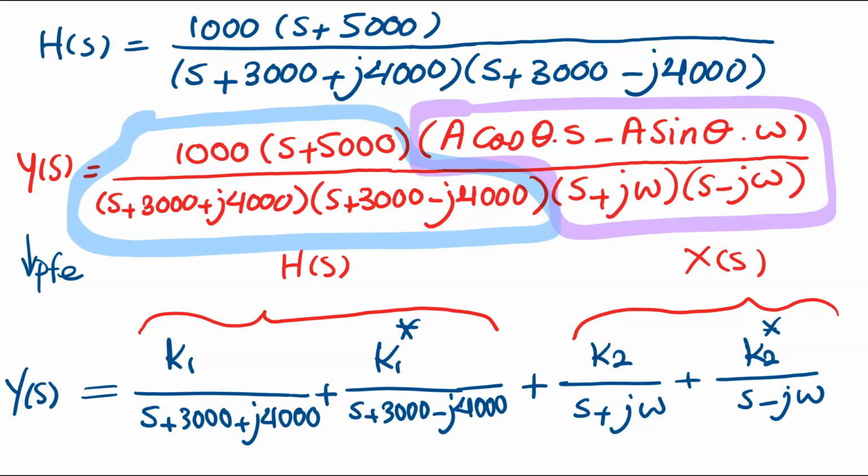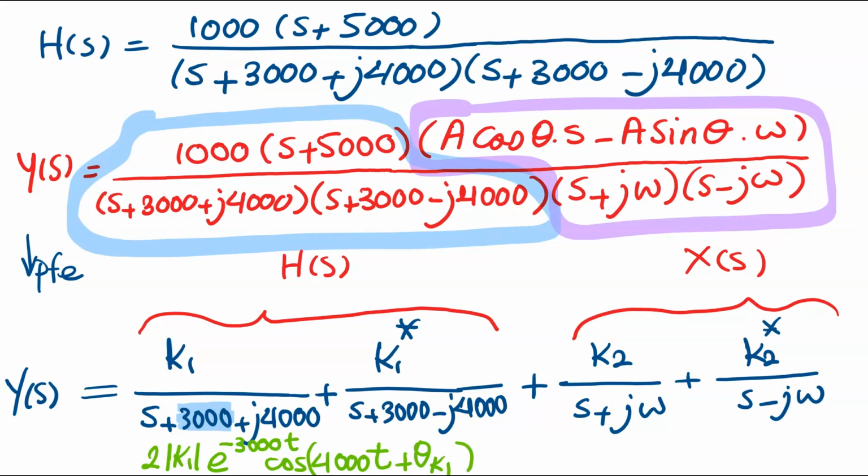For the partial fractions of the first two terms, it's going to be 2 multiplied by the magnitude of K1, times e^(-3000t), where the 3000 is what I have here, multiplied by cosine of (4000t plus angle of K1).